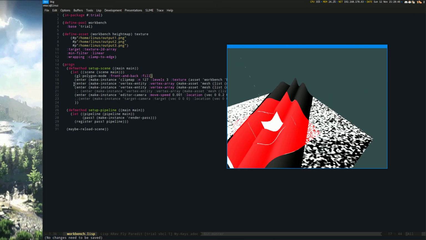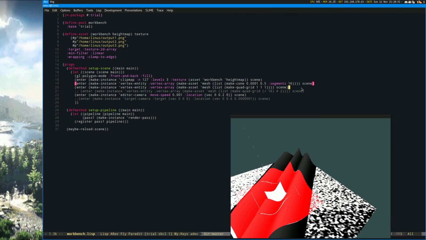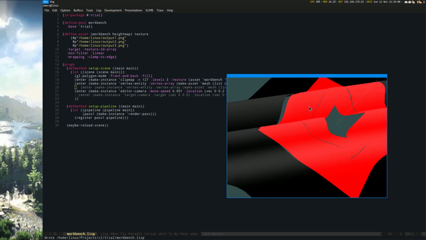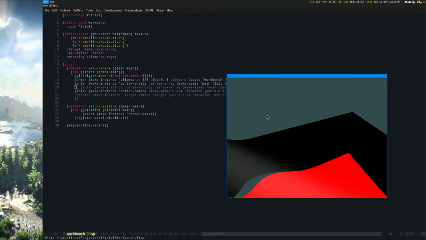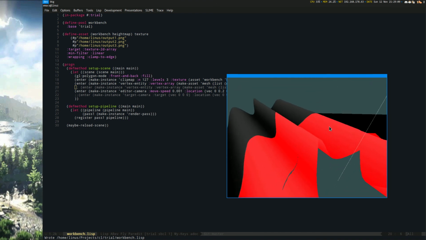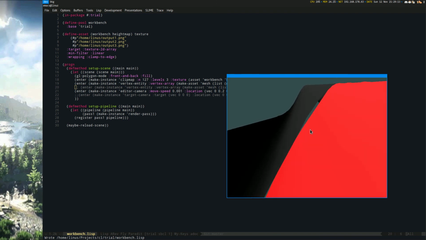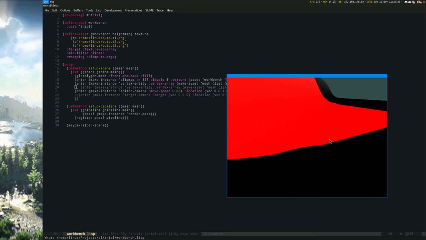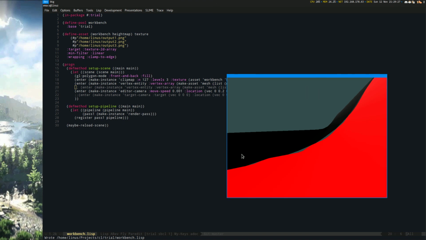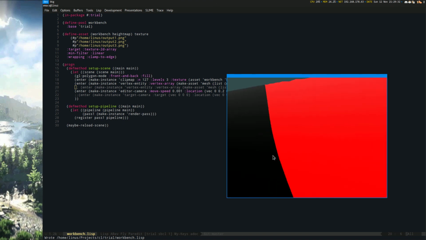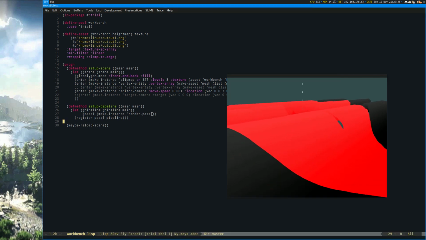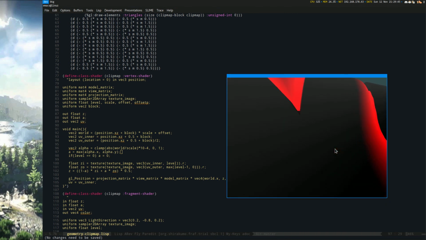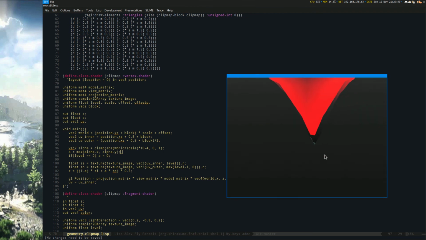Okay, yeah, the clipping. Sometimes it goes above and sometimes it goes below. But why? But this edge, wow. Missed.